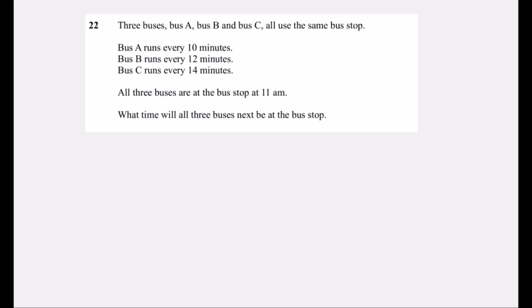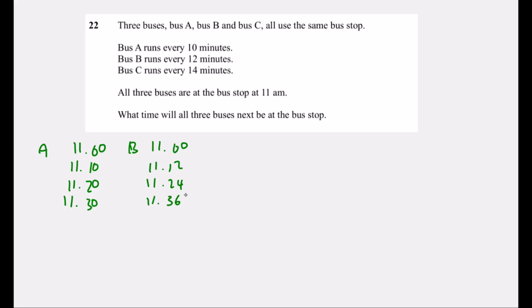So we could do this by listing all the times. For bus A, it'd be at 11, then 11:10, then 11:20, 11:30, and so on. For bus B, it'd be at 11, then 11:12, 11:24, 11:36, and so on. And we'll have to keep listing them until we get one the same.